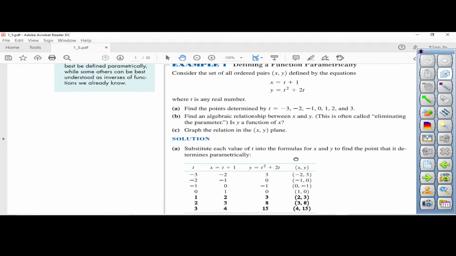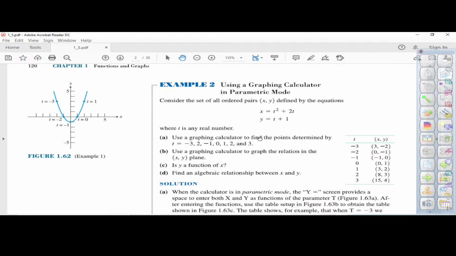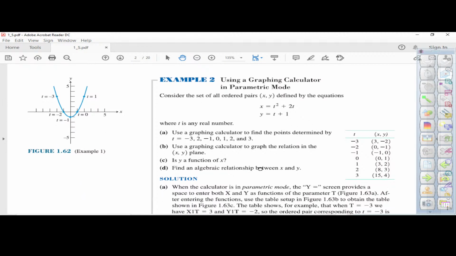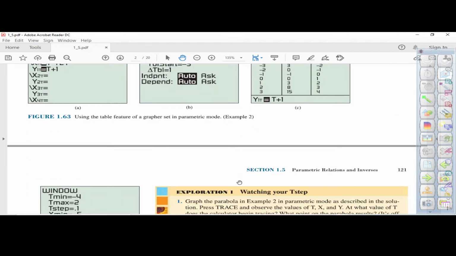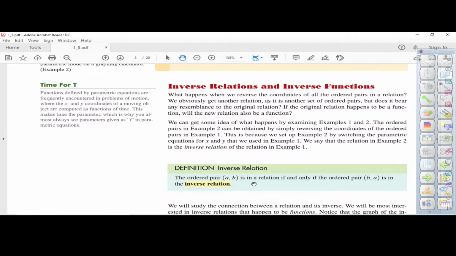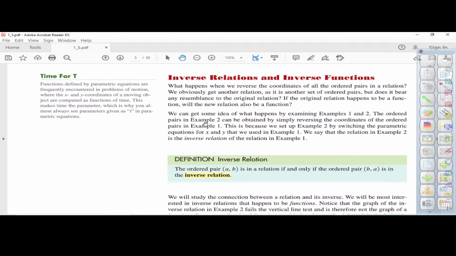The second item we're going to talk about is the inverses. There are 3 different ways to find the inverse of a function. If you pay close attention, 2 of them are going to be pretty simple.